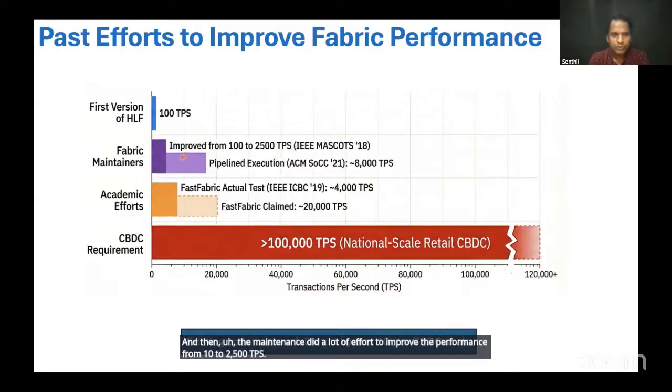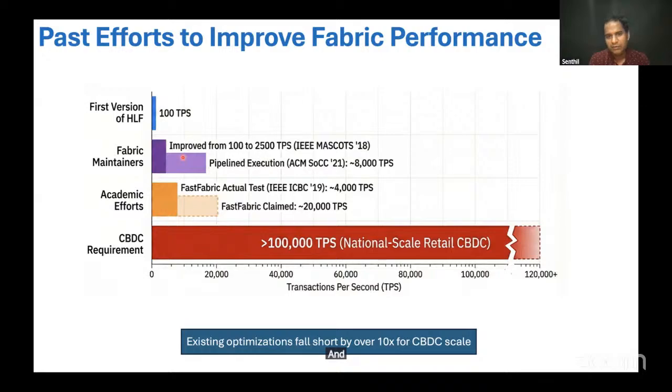Then we continued to work and tried to improve the performance. In some of the prototypes, we could reach around 8000 TPS, but those optimizations could not be merged into main Fabric because the changes were very significant and very intrusive, and they would lead to a lot of backward incompatibility issues.